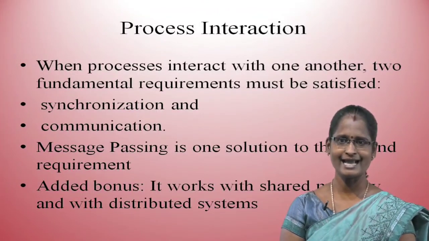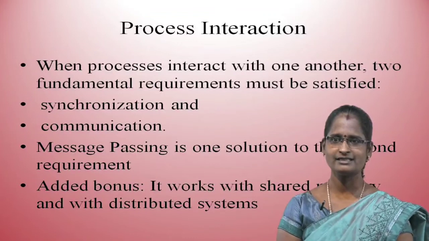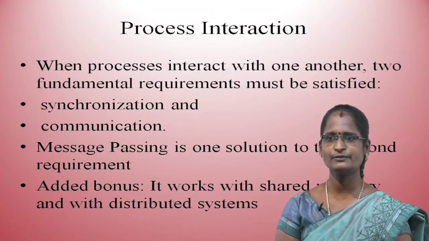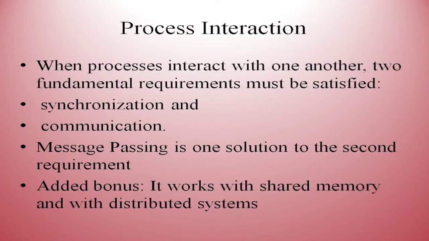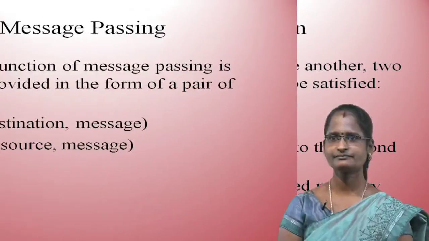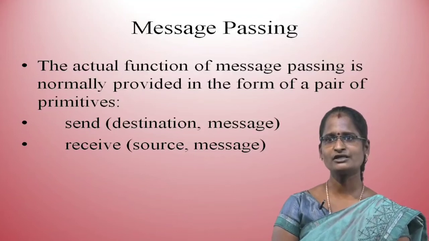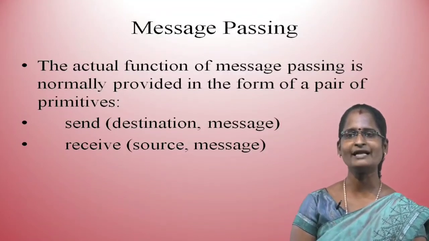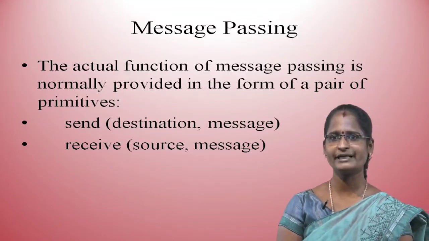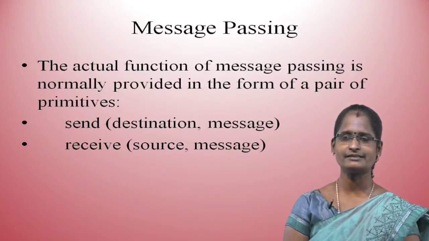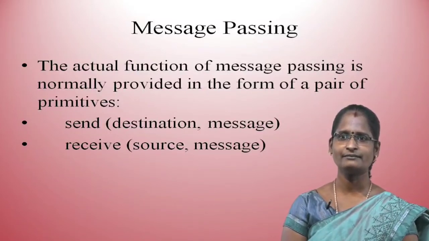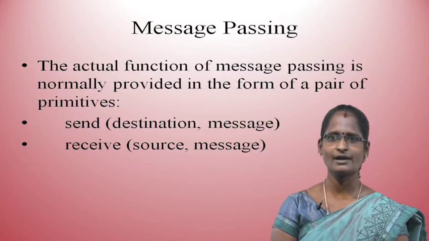Message passing has the further advantage that it lends itself to implementation in distributed systems, as well as in shared memory multiprocessor and uniprocessor systems. The actual function of message passing is normally provided in the form of a pair of primitives. One is send, and the other is receive. Send (destination, message), receive (source, message).